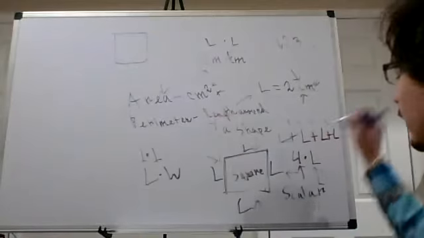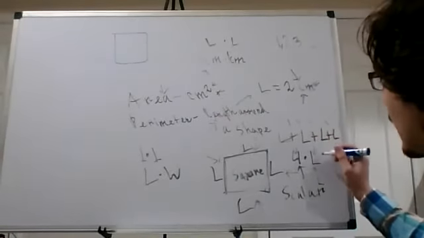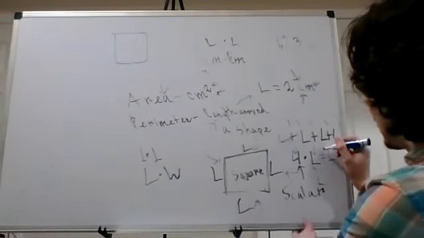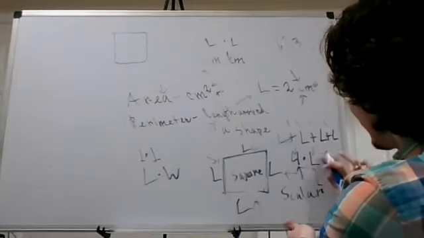So if we multiply a scalar times a length, we will get 4 of the length.